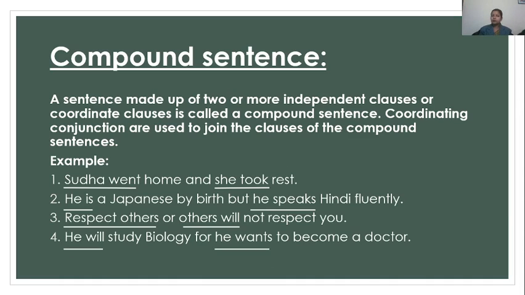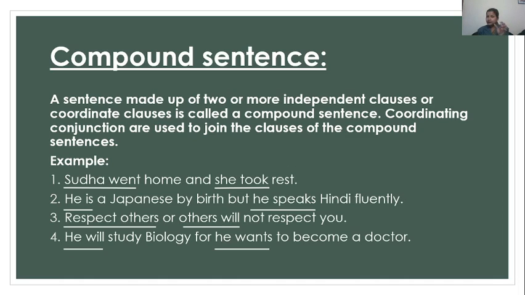So both the clauses are independent clauses and they are joined with the conjunction for, so it is a compound sentence. And as I told you, children, a compound sentence always takes coordinating conjunctions. And what are coordinating conjunctions? And, but, yet, or, for. They are your coordinating conjunctions.